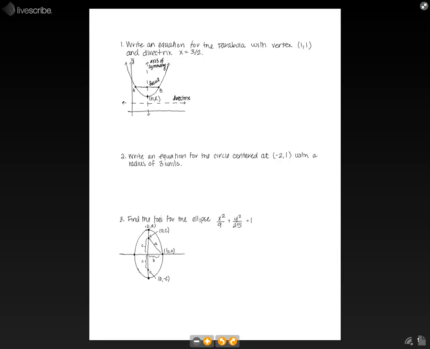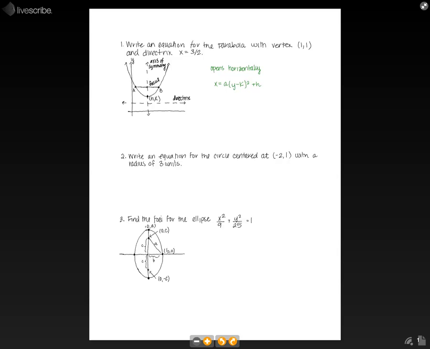Alright, so the first thing we can see is that our directrix is x equals 3/2. That means that instead of opening vertically, like this parabola in the picture does, our parabola opens horizontally. So the standard form for a parabola that opens horizontally is x equals a times (y minus k) squared plus h.